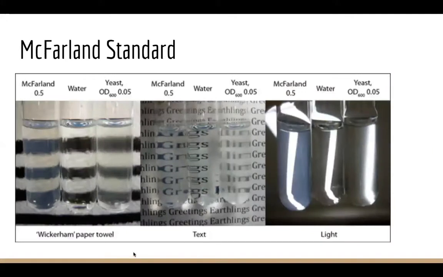Here you can see a McFarland standard of 0.5 and its turbidity, with water against it, and then yeast. You can use this to visually compare the McFarland standard versus your sample to see that it's the right concentration. You want this concentration to ensure that you haven't over-inoculated your samples. You can keep this McFarland standard just for looking visually, and you want to look at the rotation of your sample as well to make sure it looks very similar.